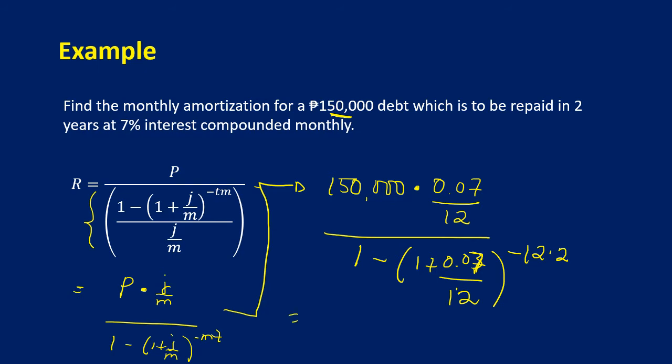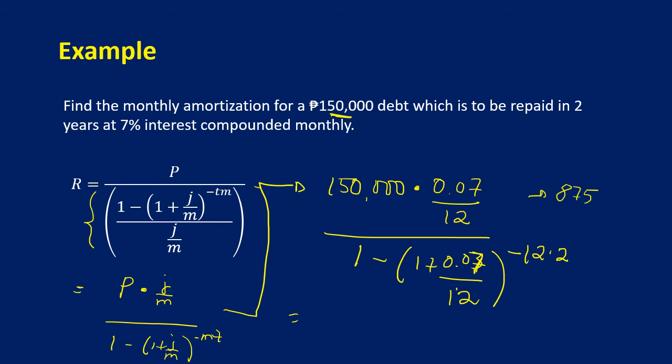Let us now use our calculator. 150,000 times 0.07 divided by 12 is 875.